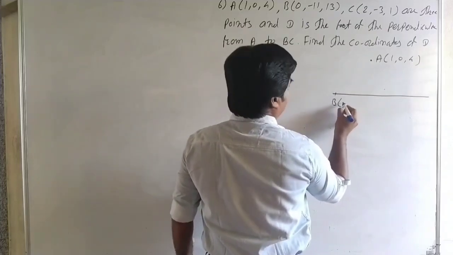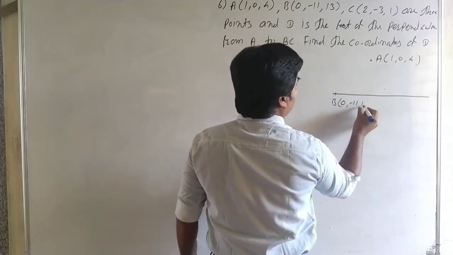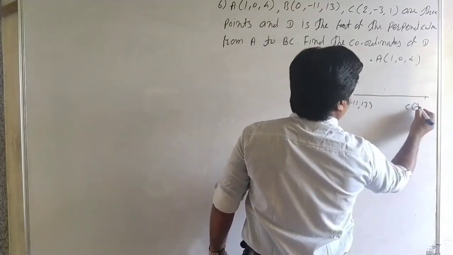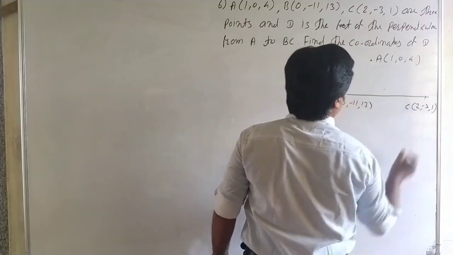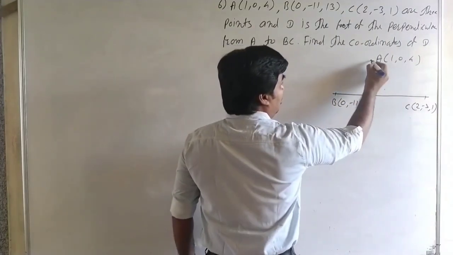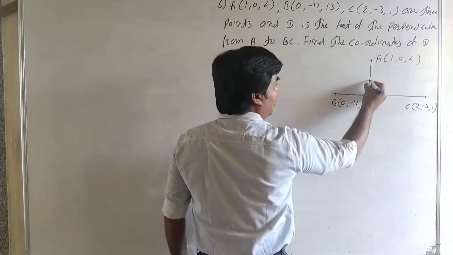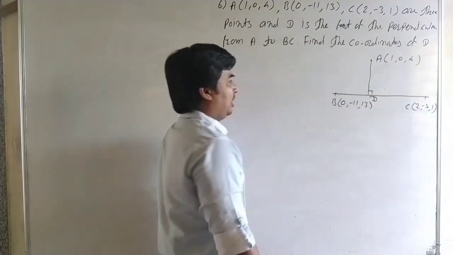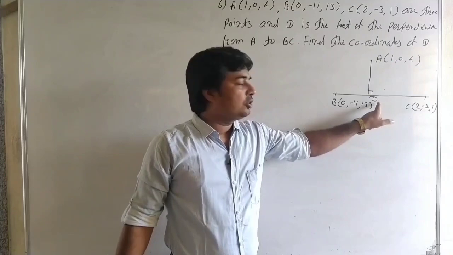Here B is (0, -11, 13) and C is (2, -3, 1). Now we draw a perpendicular from A to the line, the foot of perpendicular is D, and we want to find the coordinates of D.